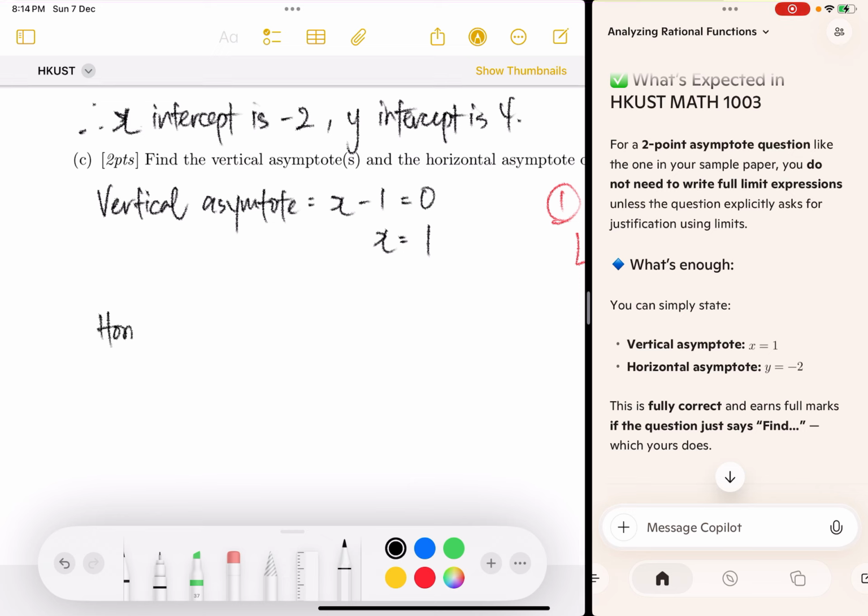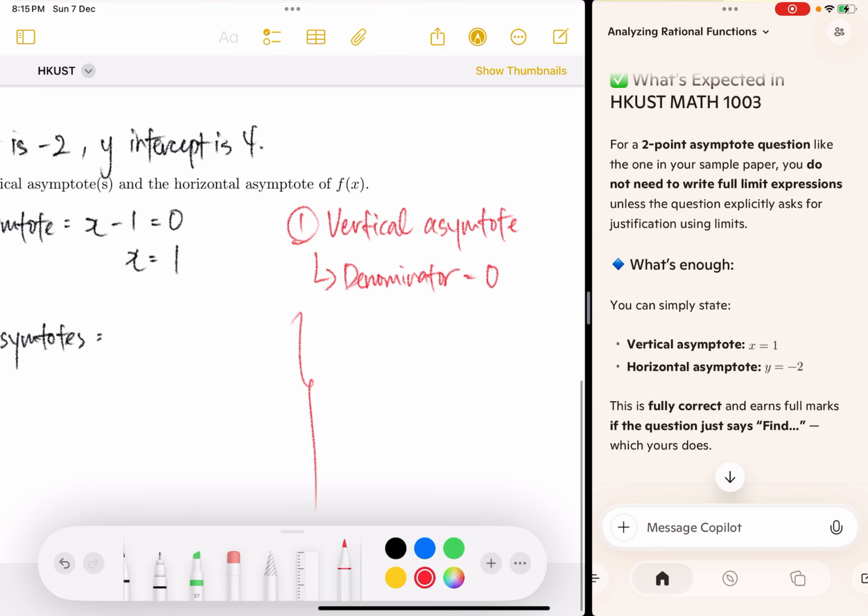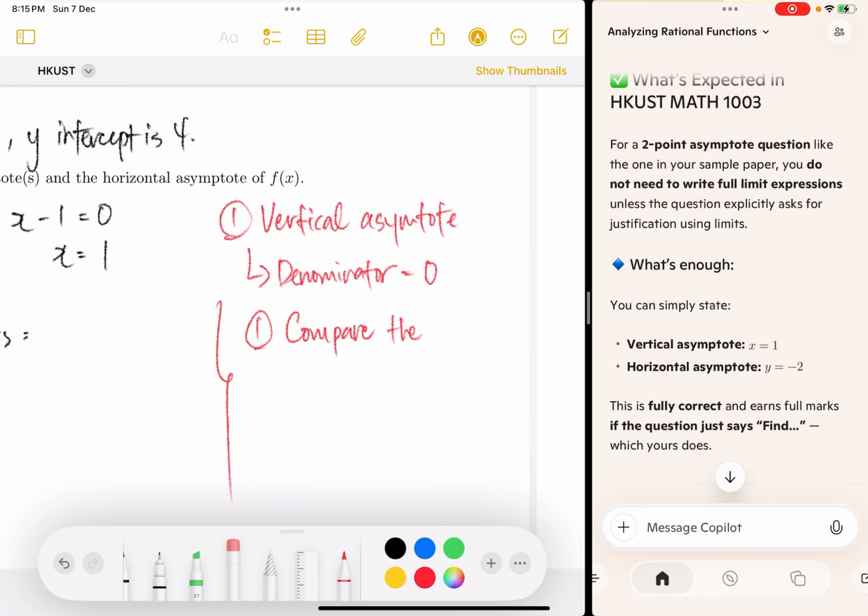For the horizontal asymptote, however, it's a bit difficult, but we can do it. There are some different cases that you have to remember. The first thing that we have to do is compare the numerator and denominator degrees.